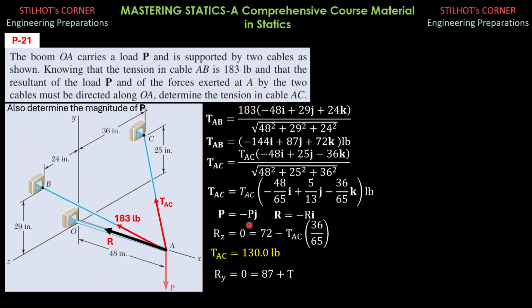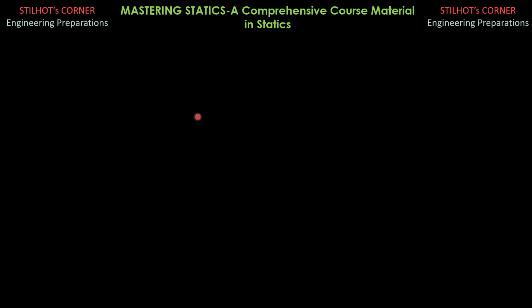So Ry equals 0 equals 87 plus 5 over 13 tension AC, then plus negative P. So substitute the value of AC, P therefore is 87 plus 130 times 5 over 13. So P is 137 pounds.